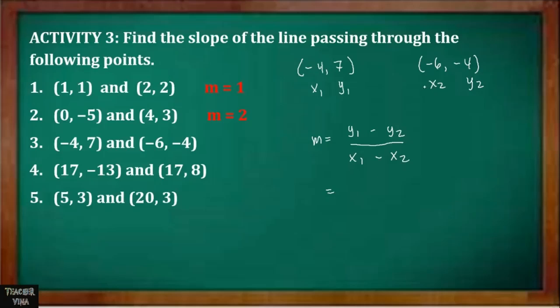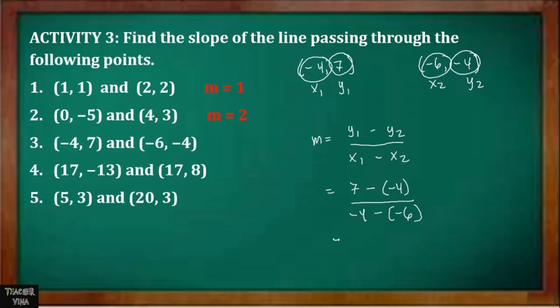So, substitute, y sub 1 is 7 minus y sub 2 is negative 4 over x sub 1 negative 4 minus x sub 2 negative 6. 7 minus negative 4, that is positive 11 over negative 4 minus negative 6 is positive 2.